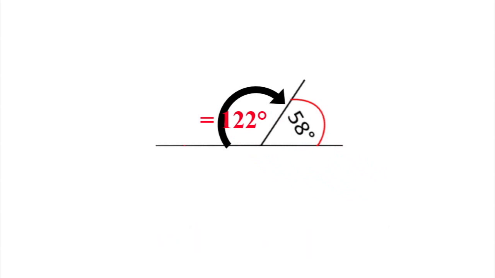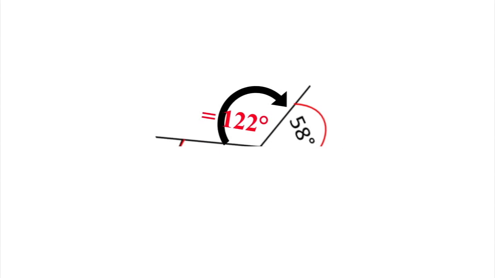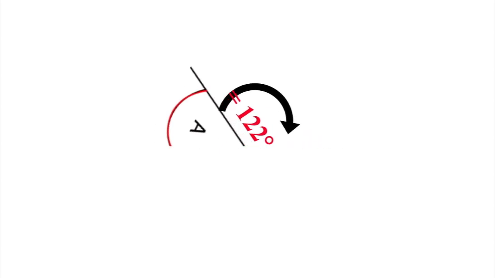Now I'm going to do a little trick here again. We've got these two angles, but we're going to rotate the shape again so that now the other line, the second line, is completely horizontal. And again, obviously, now the line's horizontal, both angles on the line add up to 180 degrees.